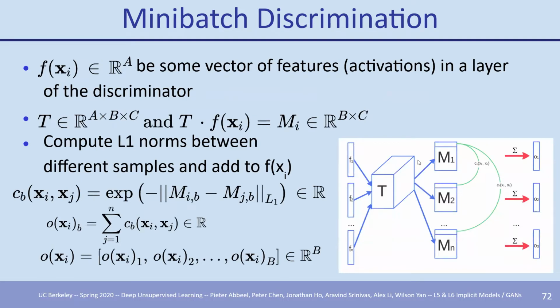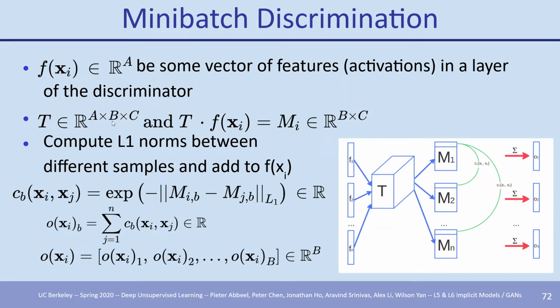It's pretty involved. So f(x_i), the same notation as before, is the features of some layer, with x_i being the image.